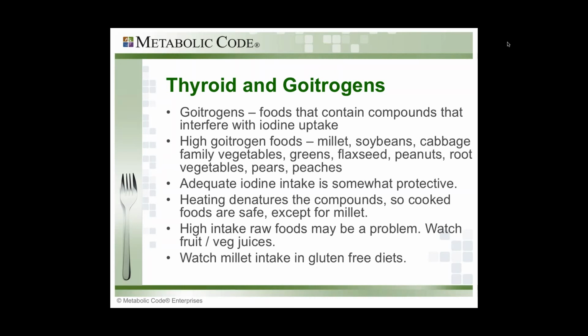Pears and peaches are a couple of fruits that happen to be higher in goitrogens. So if you're eating an awful lot of these cabbage family vegetables, which people are told to do for cancer prevention as well, and a lot of greens, a wonderful alkalinizing, nutrient-dense food, is this going to interfere with thyroid hormone production?